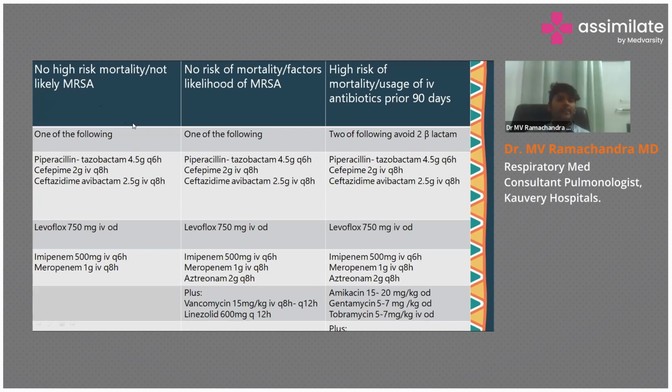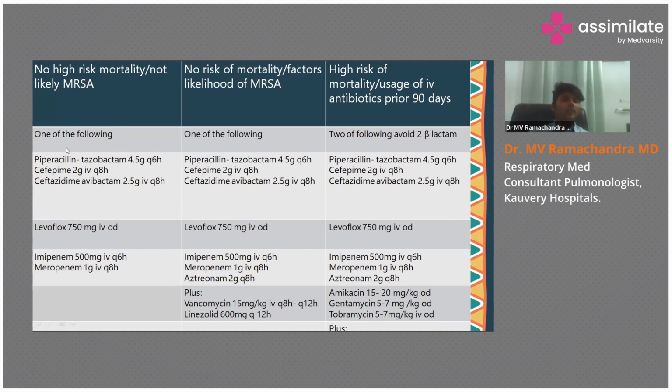The first table I mentioned shows no high risk of mortality and not likely MRSA. Usually MRSA is not a community acquired thing. Few hospital acquired pneumonia hospitals even have MRSA, so only a few hospitals do. If we know the local antibiogram, we know whether we want MRSA coverage or not.